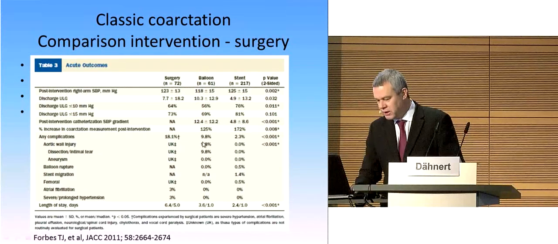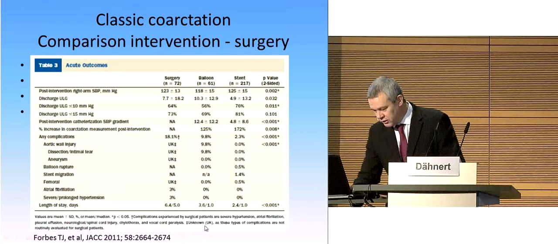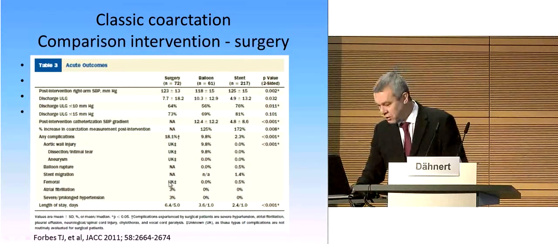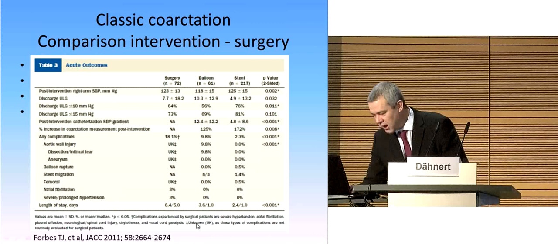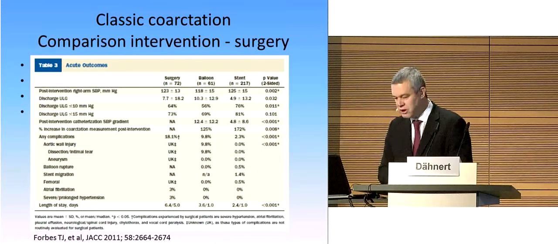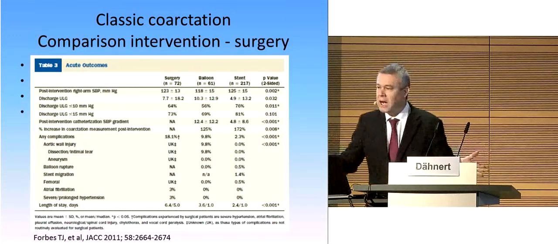While aortic wall injury is well documented in ballooning and in stenting, because you do an angio after the procedure, the authors write, aortic wall injury in surgery unknown, dissection unknown, aneurysm unknown, femoral artery problems unknown, and here down there unknown, as those types of complications are not routinely evaluated for surgical patients. So nobody cares.